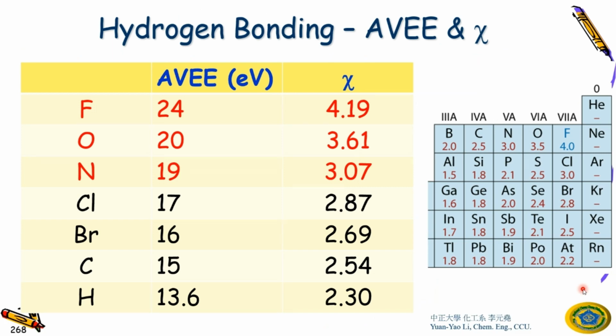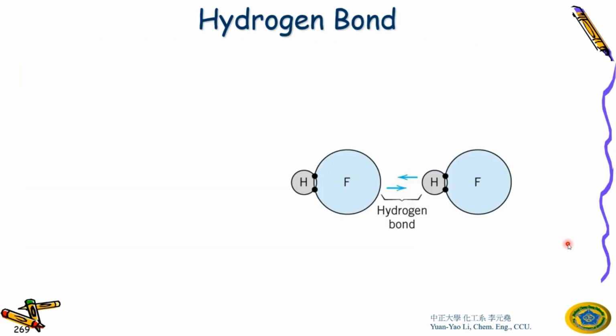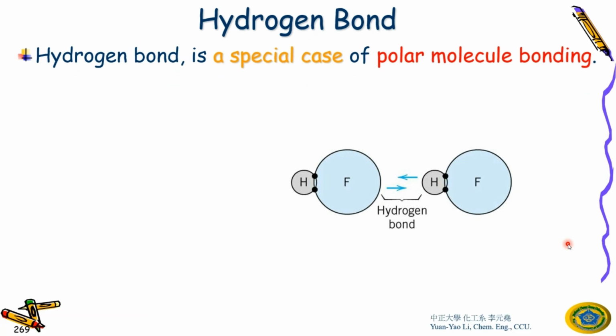And also, hydrogen bond is related to AVEE. I hope you still remember the full name of AVEE. It's called average valence electron energy, right? So these three, 24, 20, 90, are the highest. Then chi, the electronegativity, is also the highest. So hydrogen bond is a special case of polar molecular bonding and the dipole-dipole interaction, right?